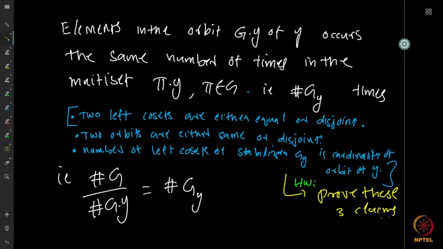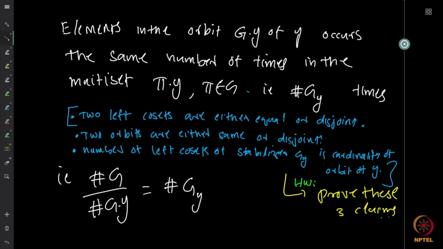Now, if you prove these three, it will be immediately clear that the elements in the orbit occur exactly cardinality of G sub y times. So this will give you the identity that the cardinality of G sub y is equal to the number of elements in G divided by the number of elements in the orbit of y.